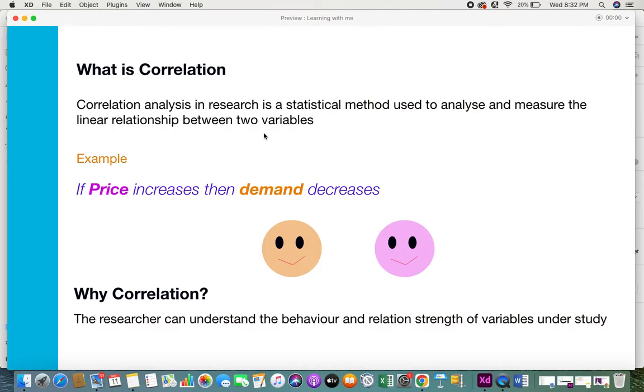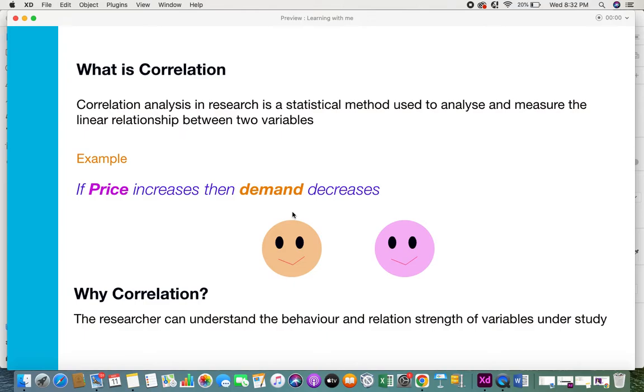So for example, if price increases, then demand decreases. Now here if you see that there is price and demand, these are two variables. So in this particular phrase, it shows that the variable price increases when the demand variable decreases. So through this you're able to get some amount of information regarding the two variables and how they behave with each other.